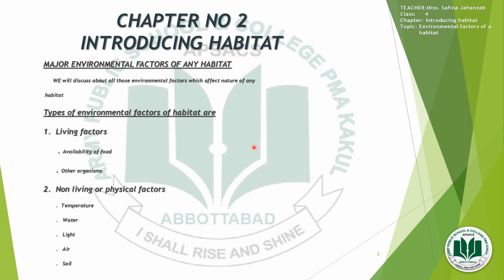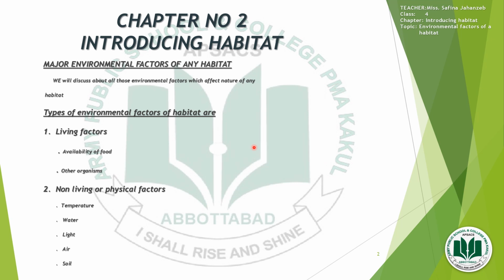Students, now in this slide, we are going to read about the second chapter of the book. The name of the chapter is Introducing Habitat. Students, in the prior presentation, we discussed the definition of habitat and the most common types of habitats.